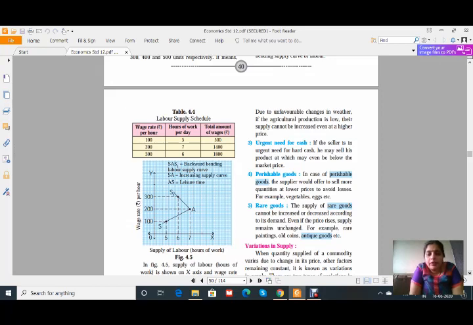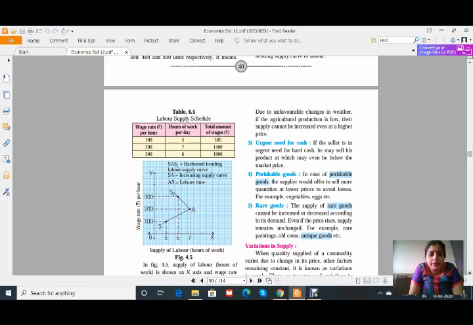See, whatever is given here, SS1 is the backward bending labor supply curve. The question is asked on this point: explain the backward bending labor supply curve. In that case, you have to write that this is an exception to the law of supply, and you have to give this schedule and then the diagram.